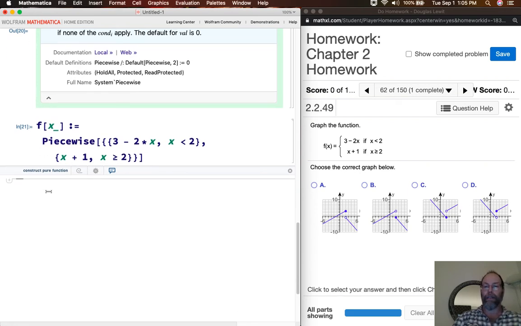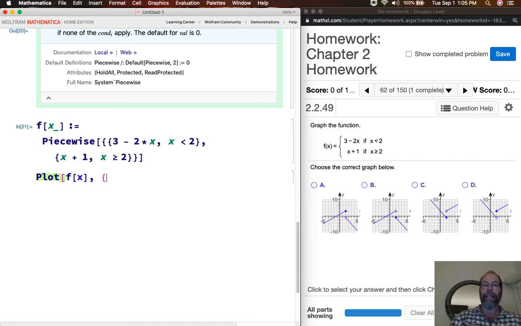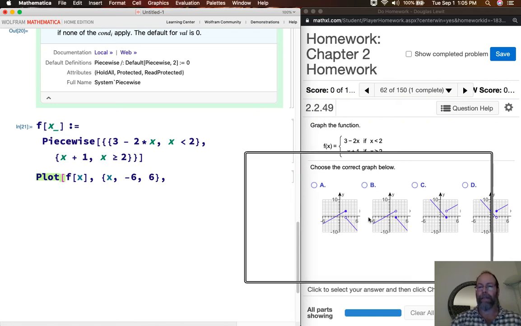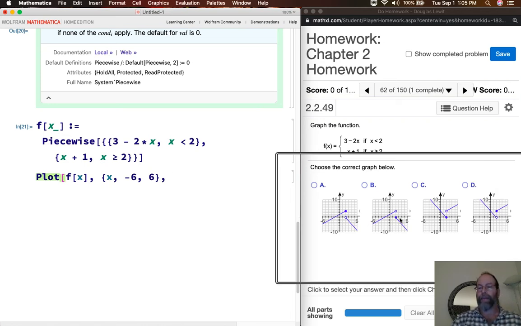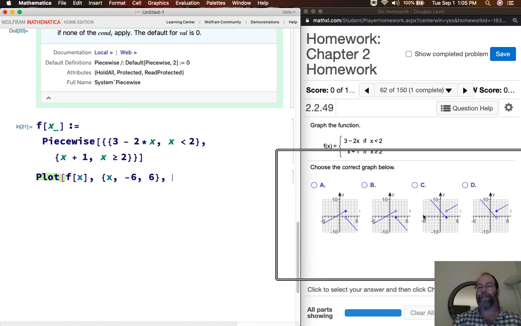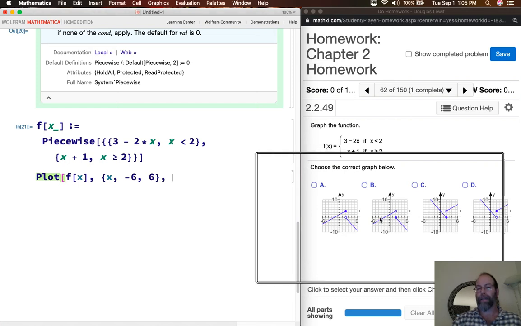And let's look at this picture. What does the picture of f of x look like? Plot f of x on the interval x goes from -6 to 6. Why am I choosing -6 to 6? Take a look at these graphs. x goes from -6 to 6, right?